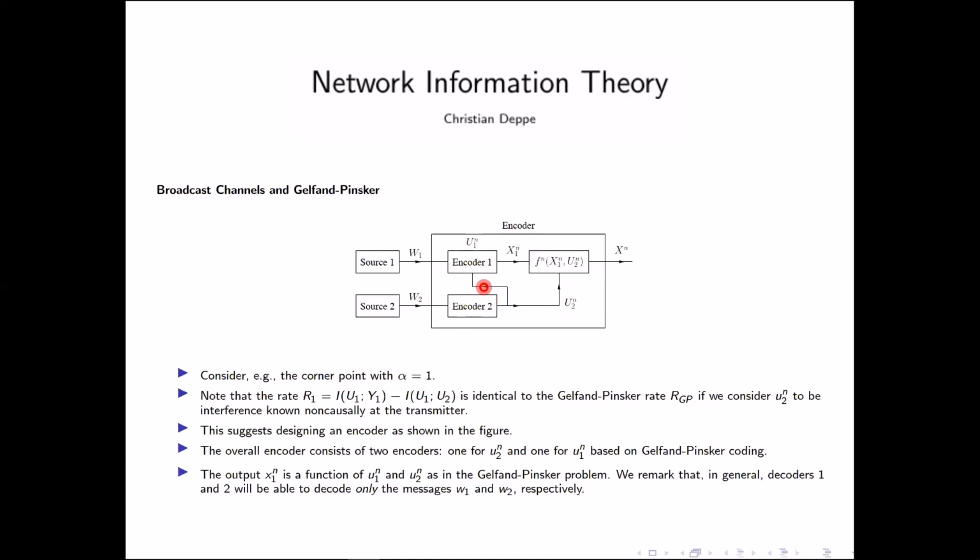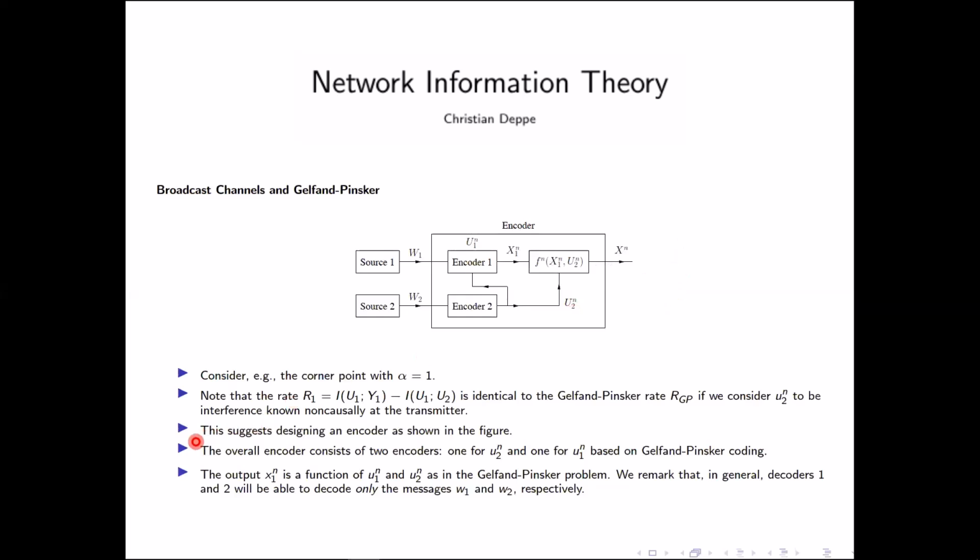And this sequence somehow influences the marginal channel of encoder 1. So encoder 1 knows U2 to the N and the message W1. That's exactly the case we have for Gelfand Pinsker. So he does Gelfand Pinsker coding here, and then he sends X to the N. And from this X to the N, both decoders can decode U1 and U2 to the N.